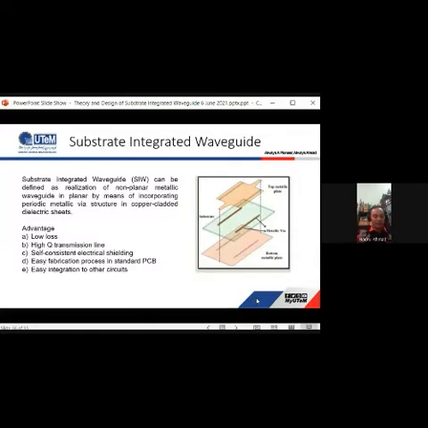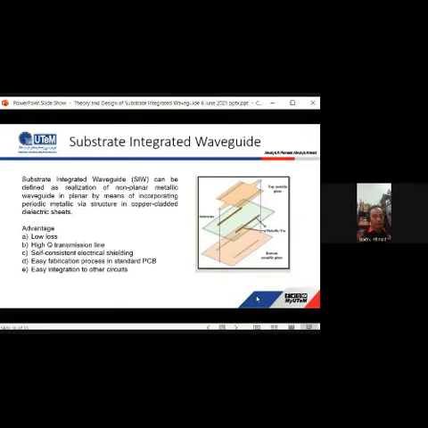It can shield or confine the transmission lines or fields within its region. You can also use step impedance as a replacement for the taper. With two-sided copper cladding, we can straight away implement it, because it uses the standard PCB process.